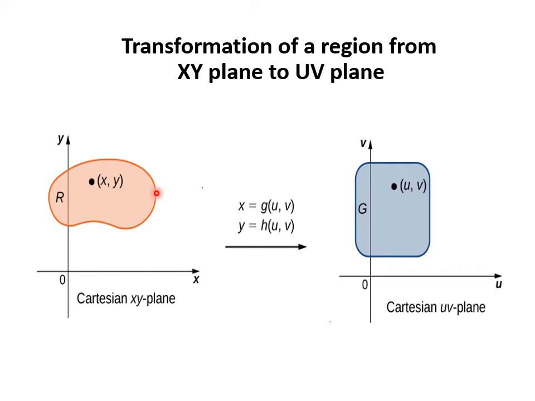Now we are going to estimate the scaling that happens under the transformation x and y in terms of u and v. That scaling factor is called the Jacobian. So the Jacobian is nothing but the scaling factor of the transformation. Now we are going to see how to define the Jacobian, the scaling factor for the transformation.